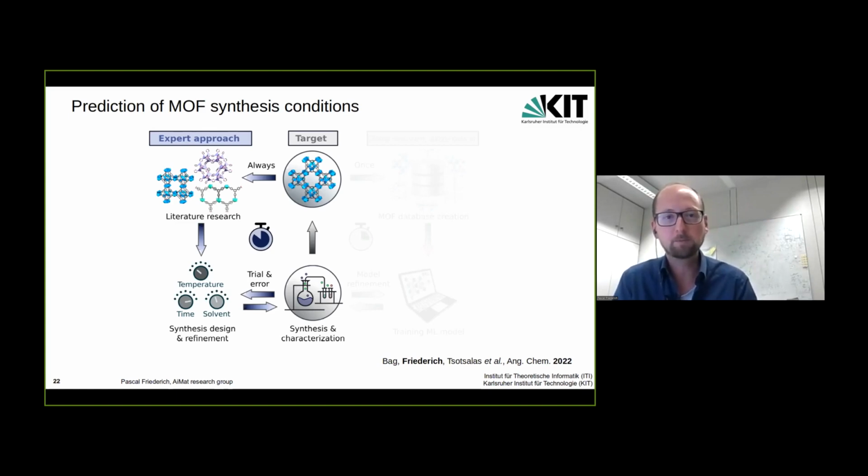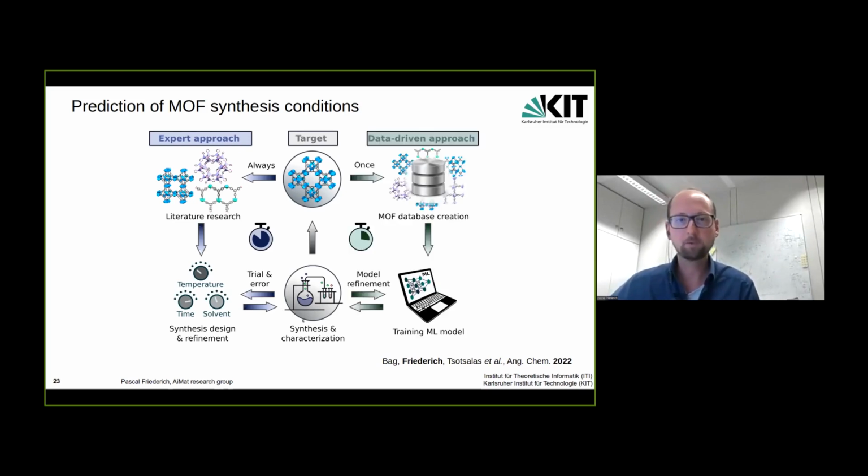We basically need experts that go into literature and find MOFs that are somewhat similar, depending on what you define as similarity, and then extract good synthesis conditions to start an experimental trial and error process to synthesize that target MOF. And we were trying to design the data-driven equivalent of this approach.